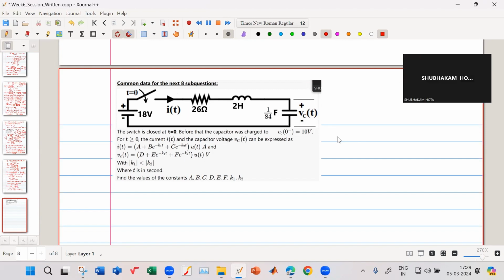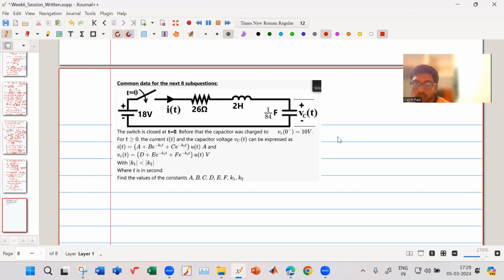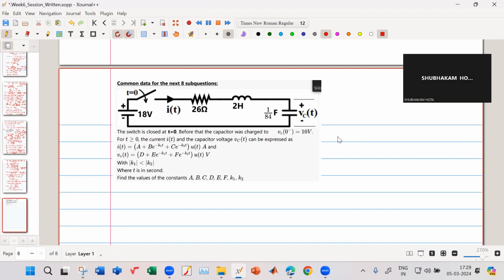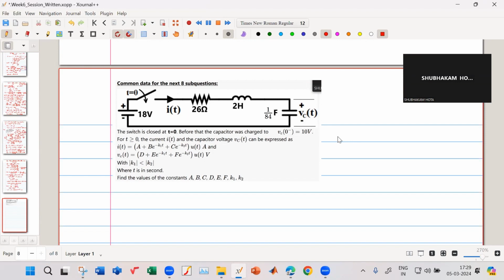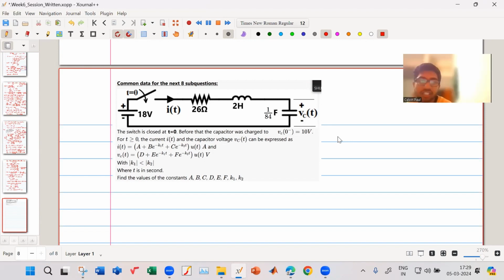Sir, initially the switch is off condition. So there is no current in the inductor. Okay, correct. Then what else is given? Can anyone tell what else is given?